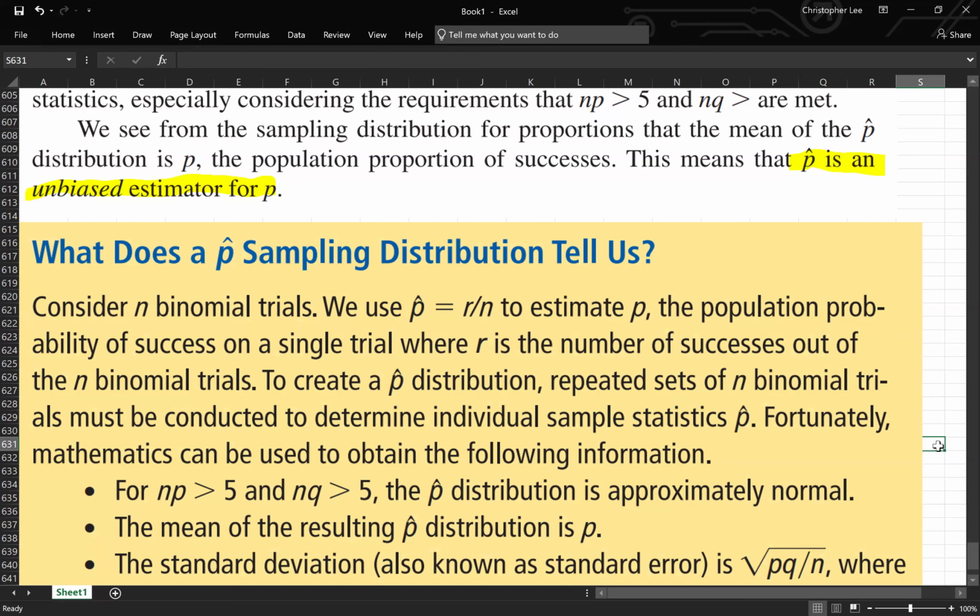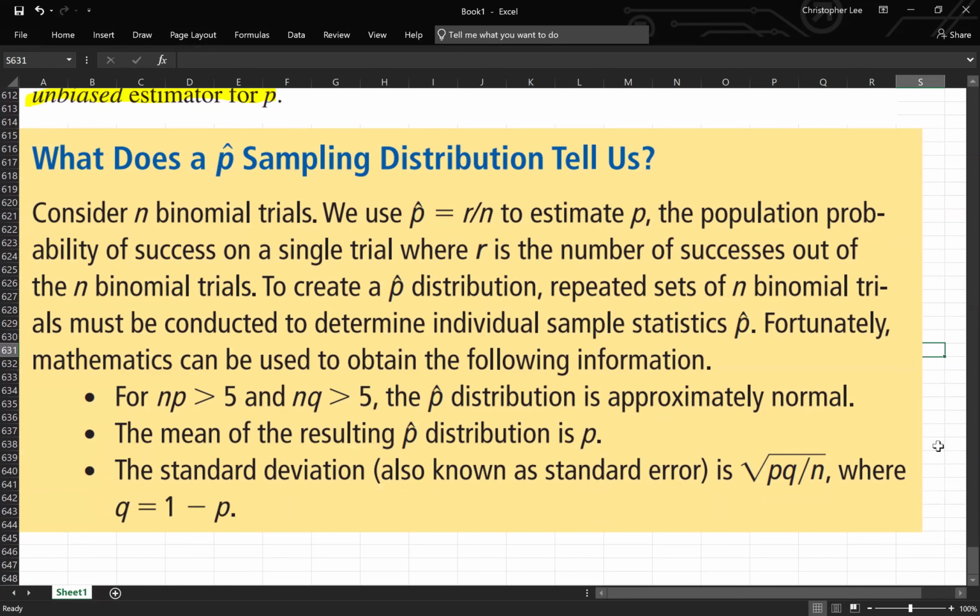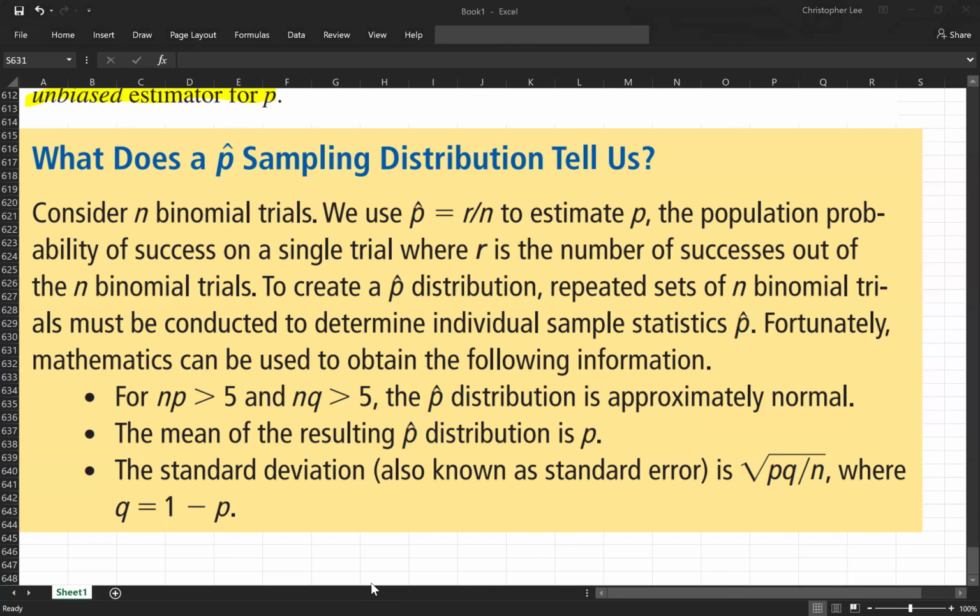Fortunately, mathematics can be used to obtain the following information. For n times p greater than 5 and n times q greater than 5, the p hat distribution is approximately normal. The mean of the resultant p hat distribution is p, and the standard deviation, also known as the standard error, is the square root of p times q divided by n, where q is equal to 1 minus p. Good stuff. All right, let's take a look at an example real quick.